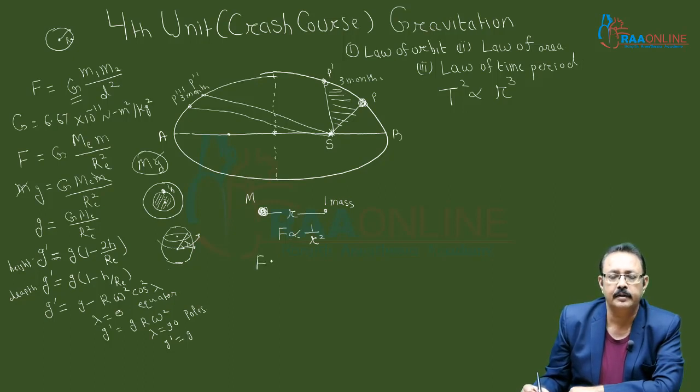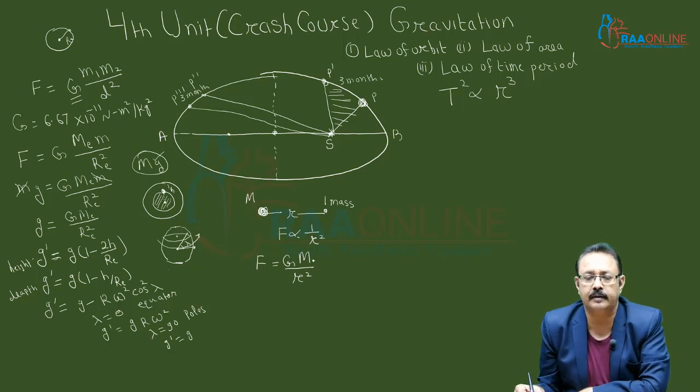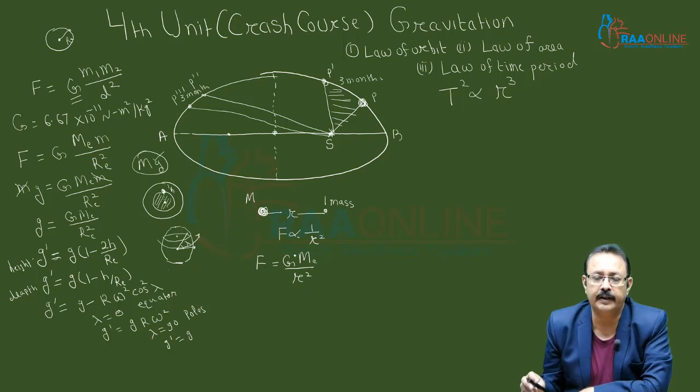We know that it is G m1 m2 times 1 upon r square. So if this mass is Earth and the object is at the surface of Earth, we will take this r. What will we get then?